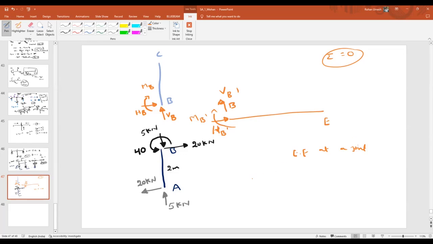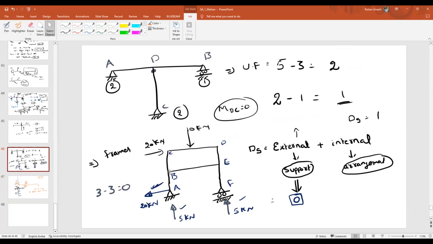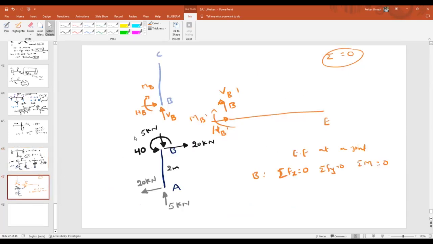So at joint B, the summation of forces in one direction is 0, the summation of forces in the other direction is 0, and the summation of moments is equal to 0. At B, I have divided it into three different members. So what is the net force at point B along the horizontal direction?